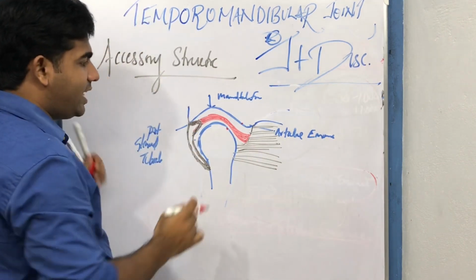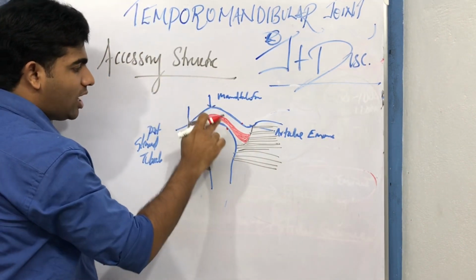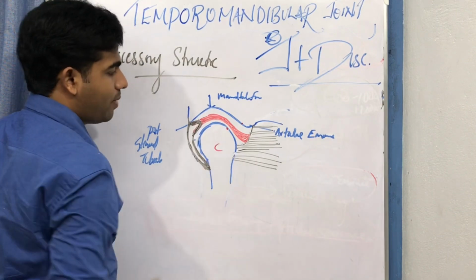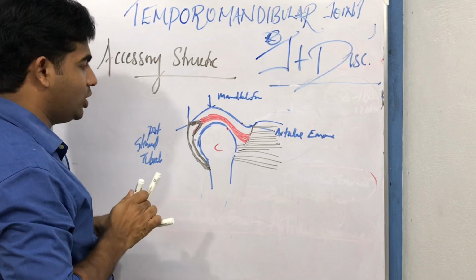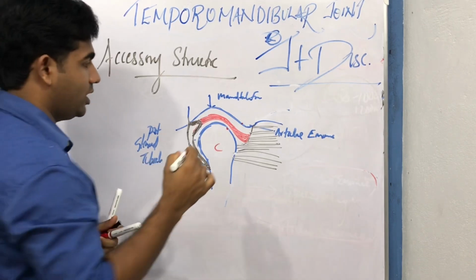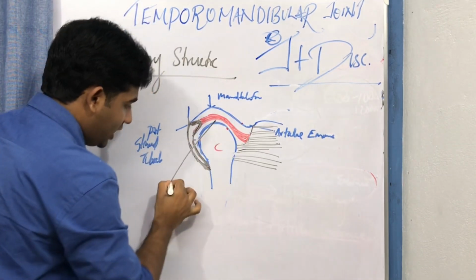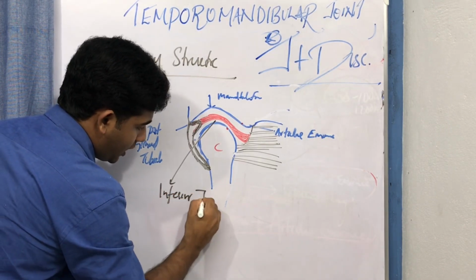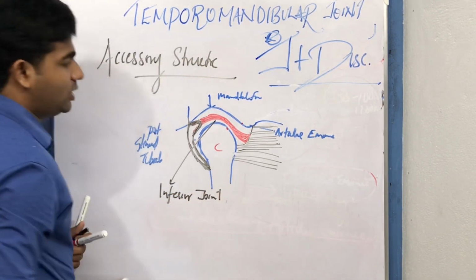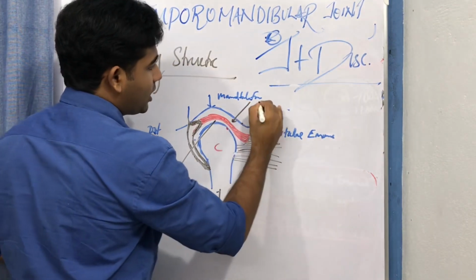You can see it is lining between the mandibular fossa and the condyles of the mandible. This disc divides the joint into two different joints: this one is the inferior temporomandibular joint, and this one is the superior joint.